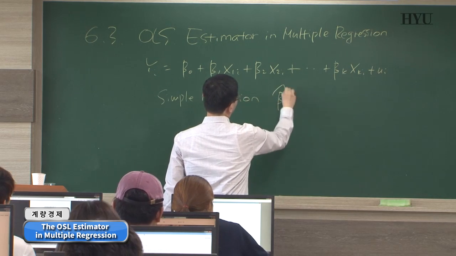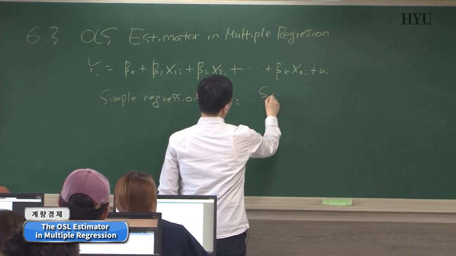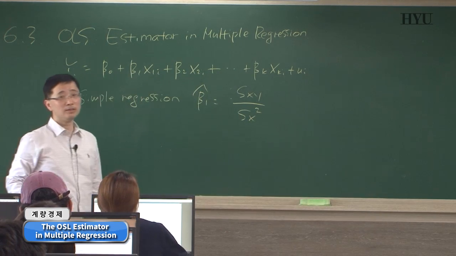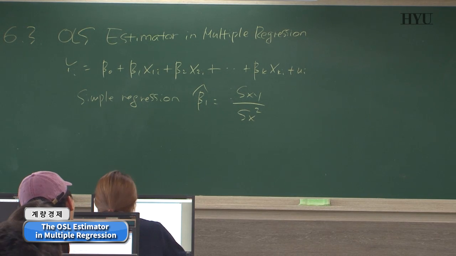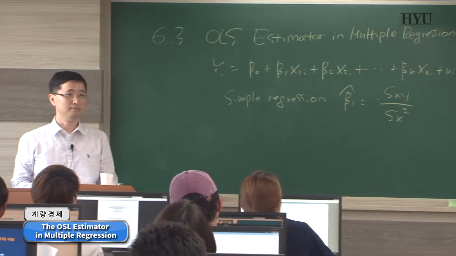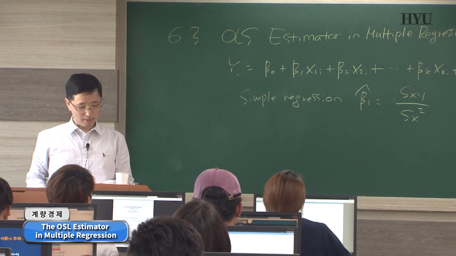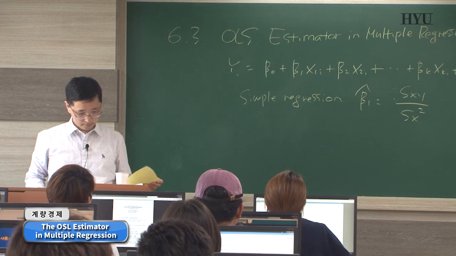The beta 1 hat was estimated by a ratio of sample covariance and sample variance, right? The question is, can we have something like that when we have more than one x? I'll try to provide some answers, not a complete answer, but some answers to the question.